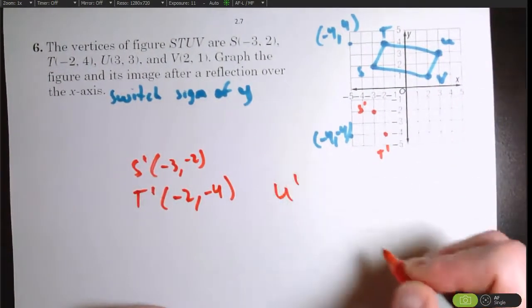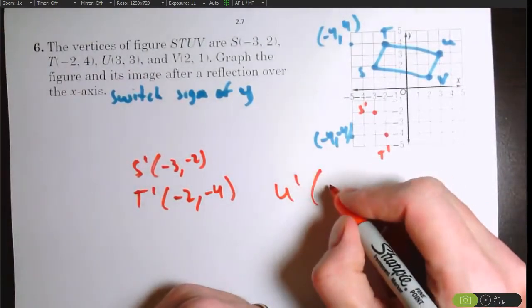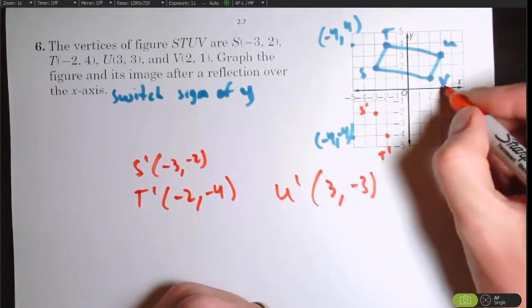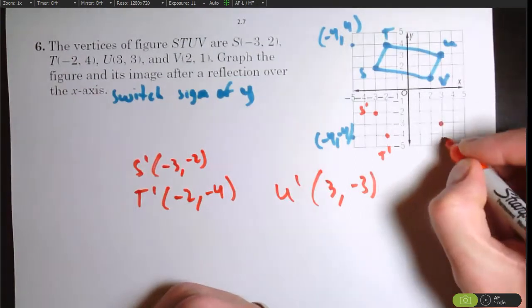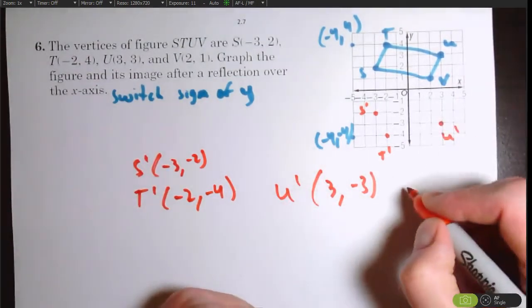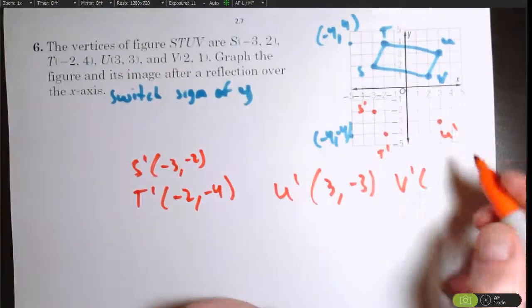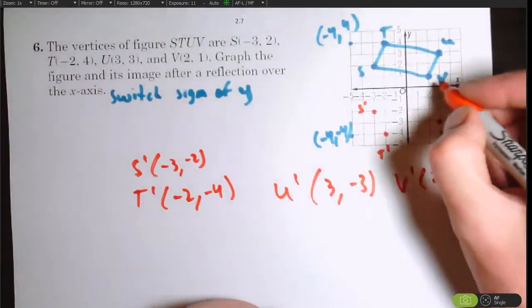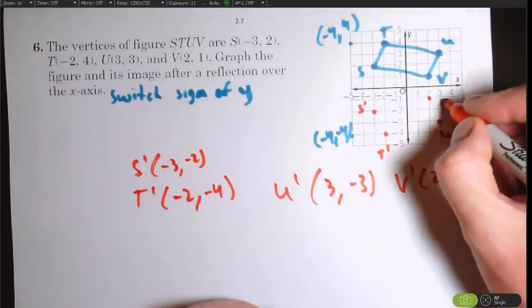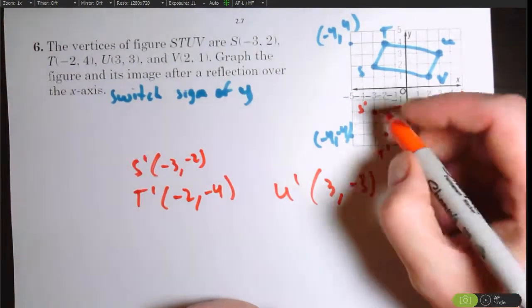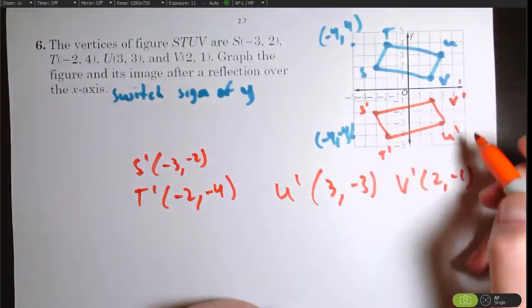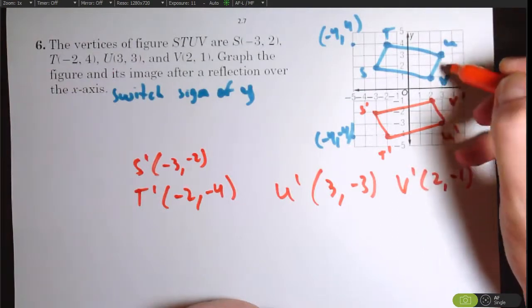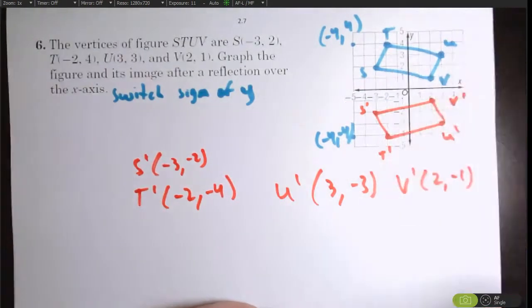U prime will be at 3, -3. And V prime will be at 2, -1. Connect those. And again, you can see same distance from the x-axis, just the opposite side of it.